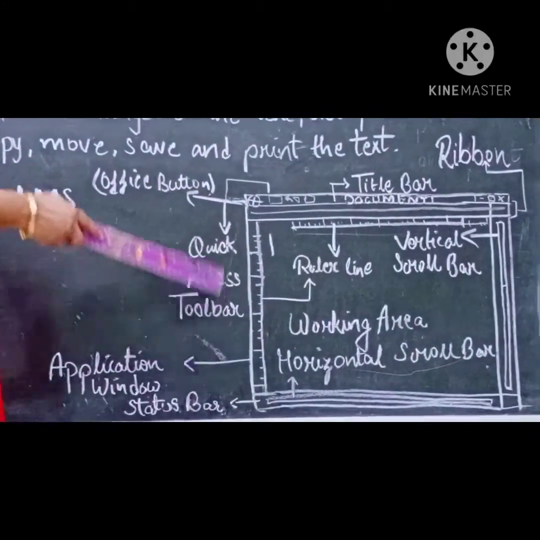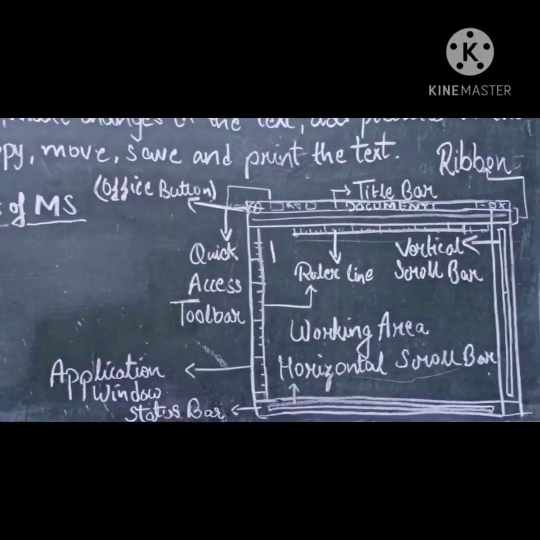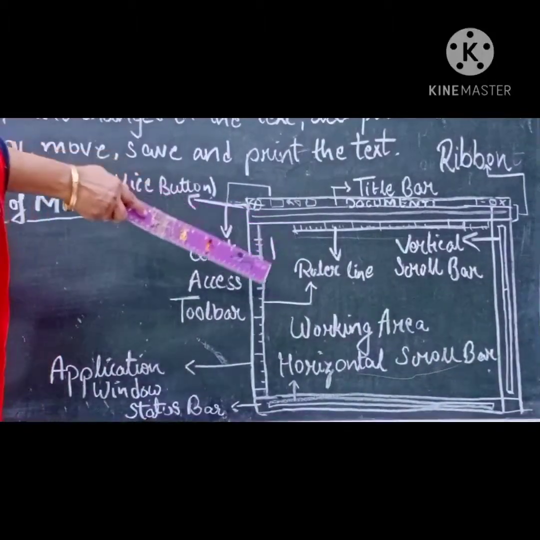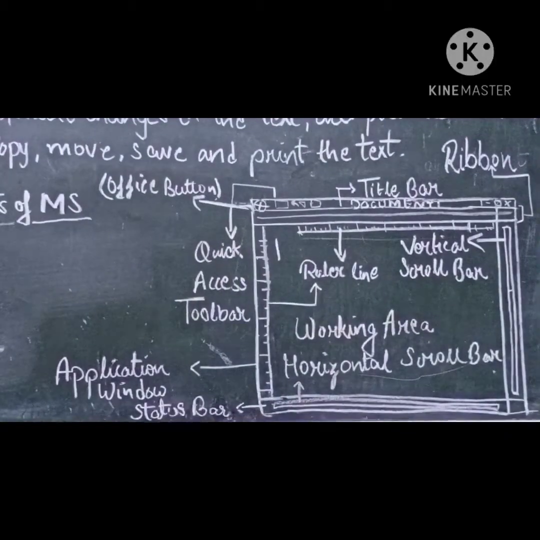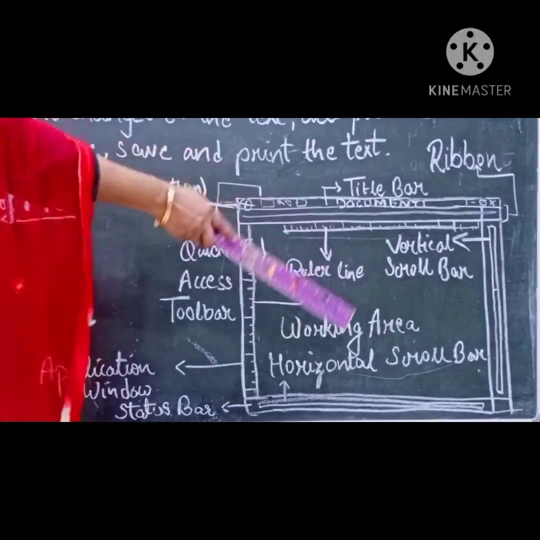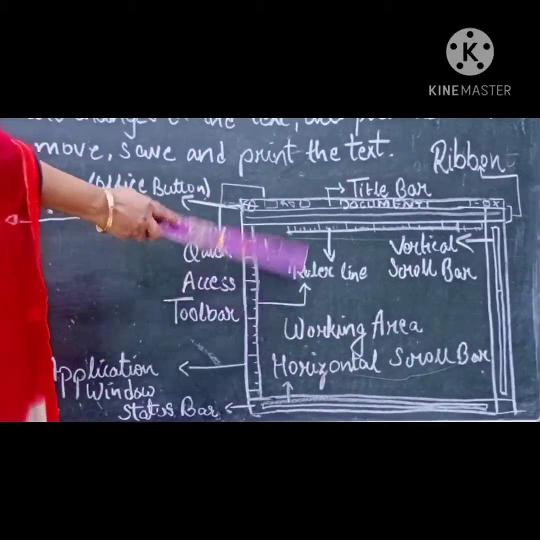This is the larger window, children. And the smaller window is inside the application window here. This is called your document window. This portion, children, is also called your working area or document window.